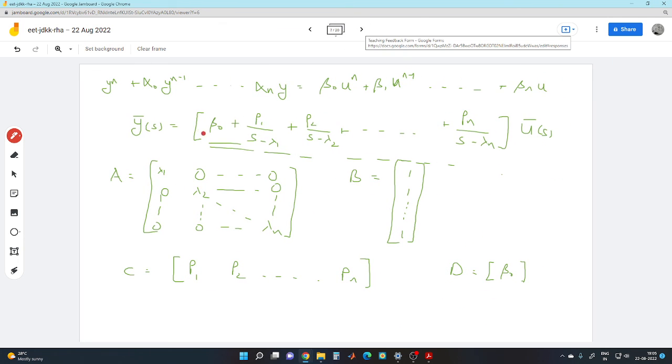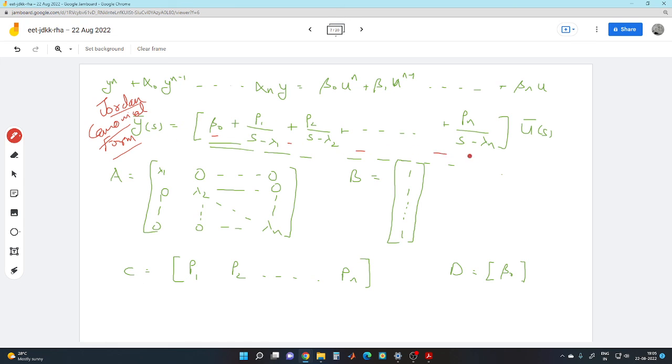So then the third case is the Jordan canonical form. In Jordan canonical form, we need to express this as a transfer function, and that transfer function needs to be in this form.